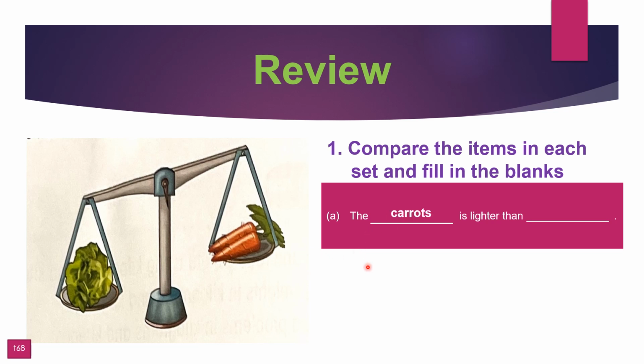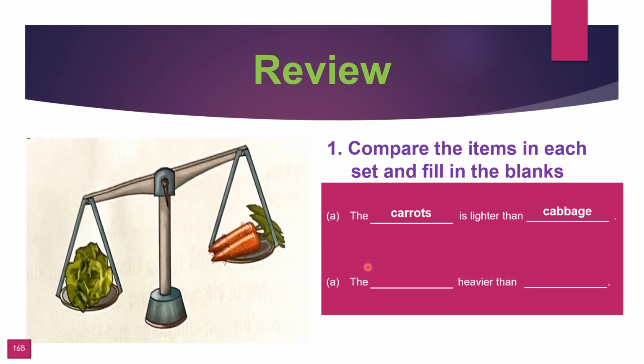The carrots is lighter than cabbage. Next, cabbage is heavier than carrots. So they are opposite. This one is lighter than cabbage, and this one is heavier than carrots. Understand? Next, cabbage is heavier than carrots.